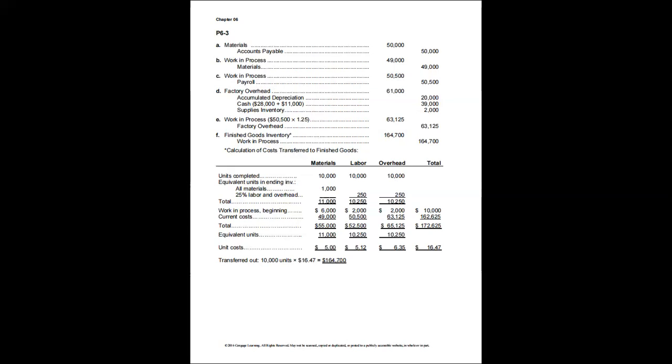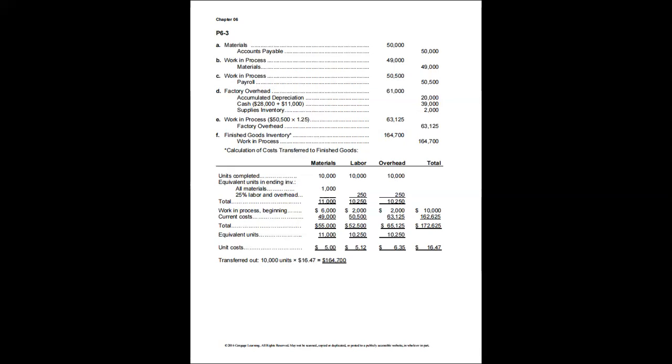The total cost of production, total 172,625, divided by the equivalent units of production. So we get the unit cost of materials, labor, and factory overhead at 16.47.